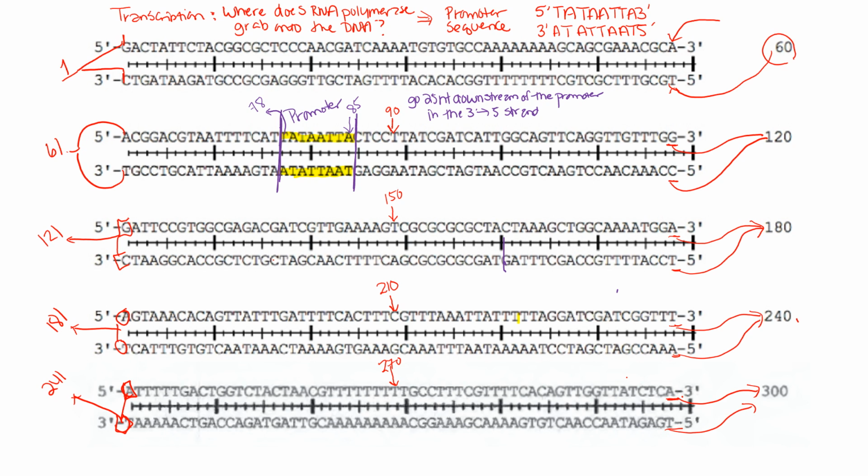And what I'm looking for is a T at that position. Now, you could literally go count, but I'm not a big fan of counting if I can narrow down how much counting I have to do. You said it's 25 nucleotides downstream. The very last nucleotide of the promoter is 85, so if I take 85 and add 25 to it, that would mean it's position 110.